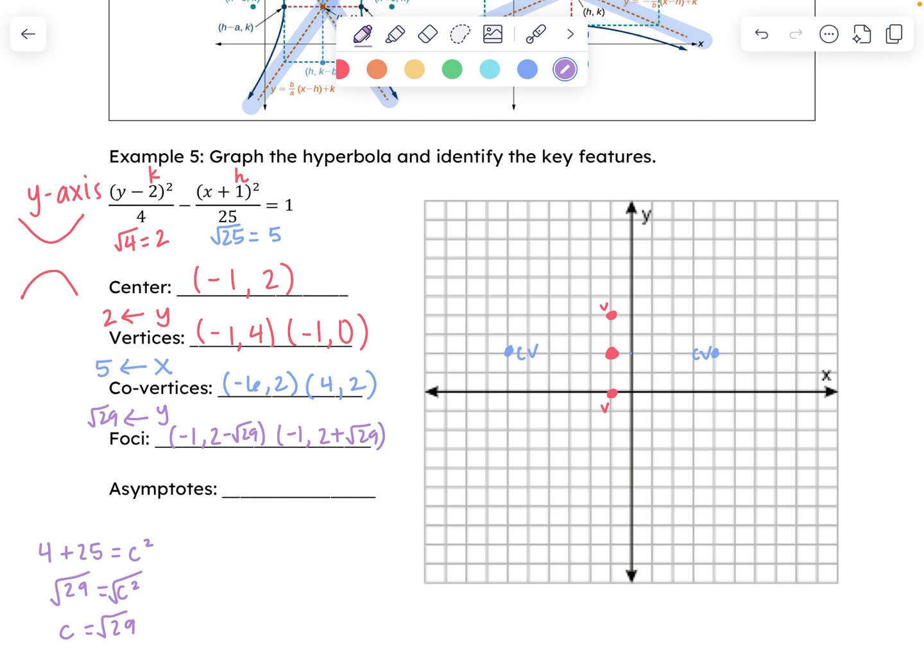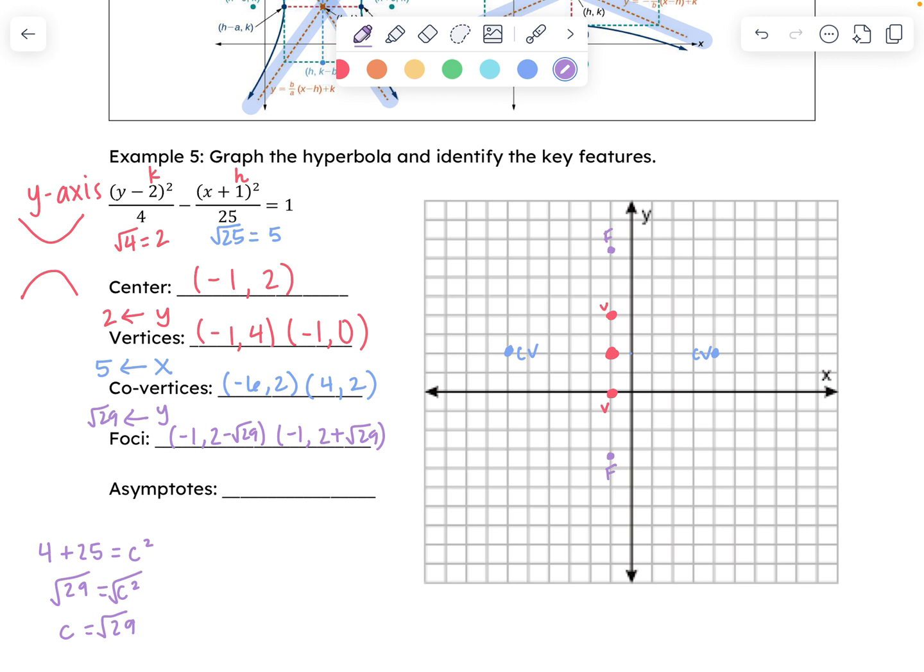If I'm looking at this, 2 minus the square root of 29 is about -3.38, about right there. And then 2 plus the square root of 29 is 7.38. 1, 2, 3, 4, 5, 6, 7. Right there. And those are my foci.